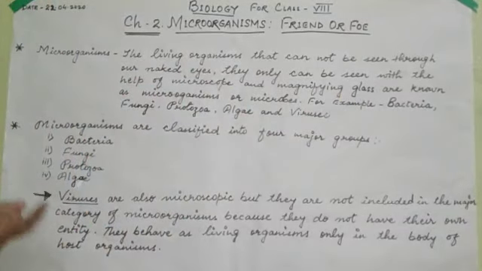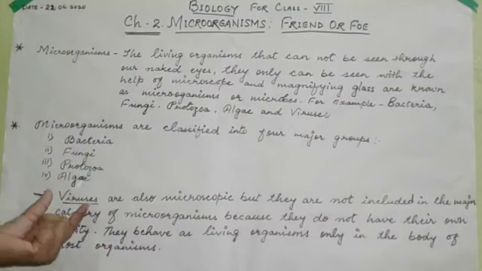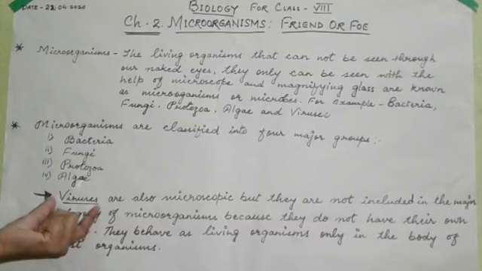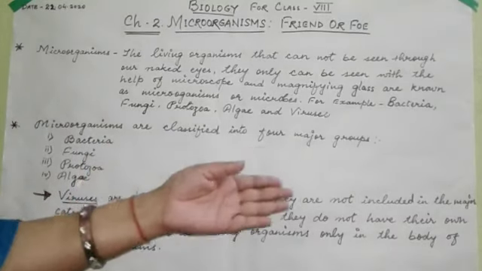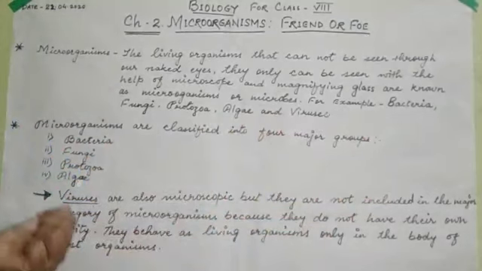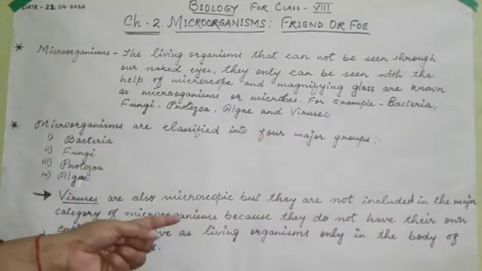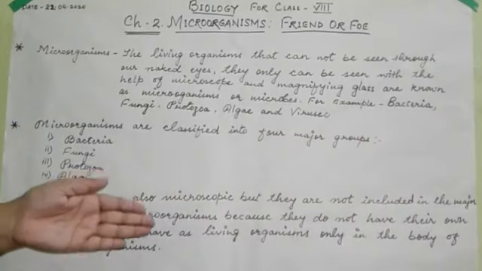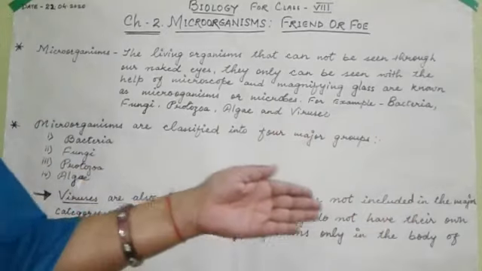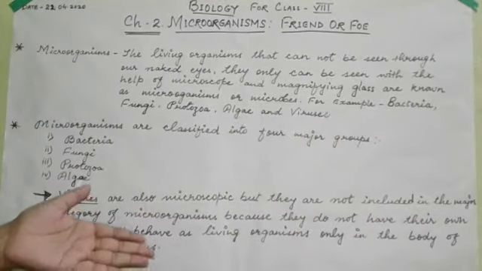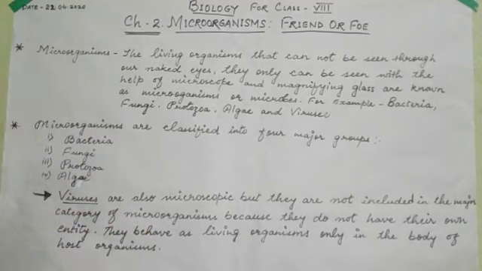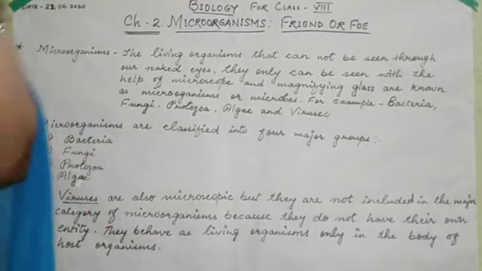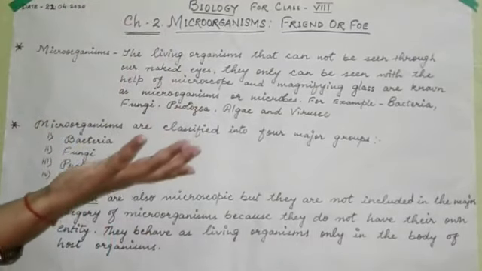Now, students, one more microscopic organism is viruses. Viruses are also microscopic, but they are not included in the major groups of microorganisms because they do not have their own independent existence. They behave as living organisms only in the body of a host organism. When viruses are present in the environment, they behave like non-living things.